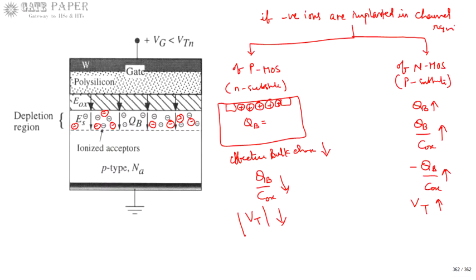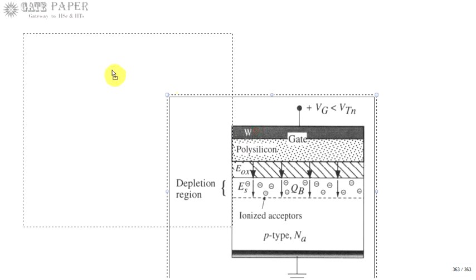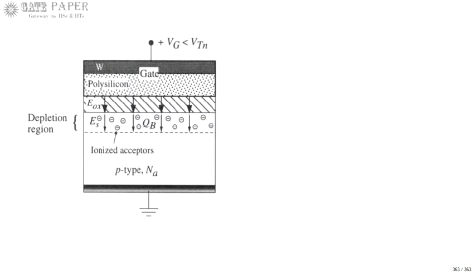Okay, so if you go in the opposite way, if you apply positive ions, if positive ions are implanted in N channel MOSFETs, because we are dealing with the question of the N channel MOSFET only.